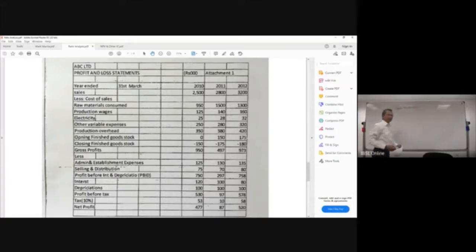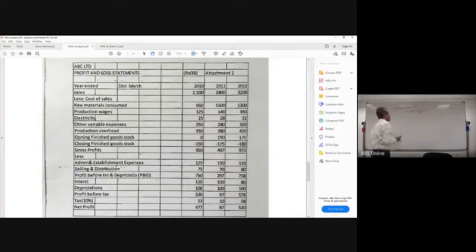This is called gross profit margin also, right? Gross profit margin is gross profit divided by sales or turnover, times 100. Okay.